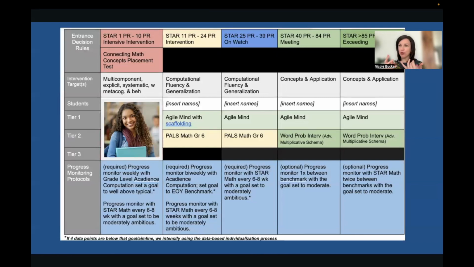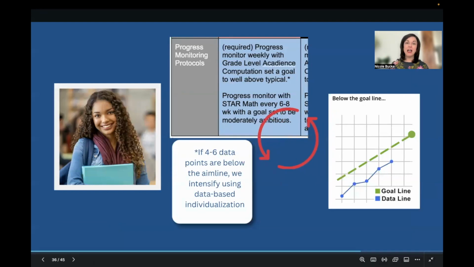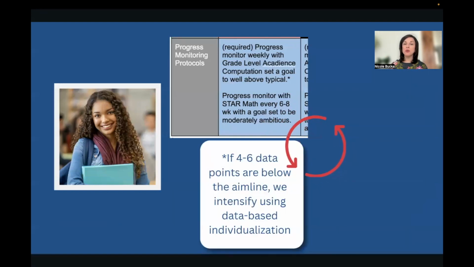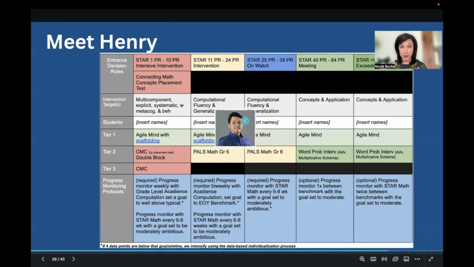And then we further individualize, sorry, should have moved to this slide. And then we further individualize using the progress monitoring data. What we're going to learn is what works for Olivia, and then what works can be expanded into other parts of her IEP. Now, if we look here at Henry, his present levels say that he is at the 25th percentile on the universal screener.